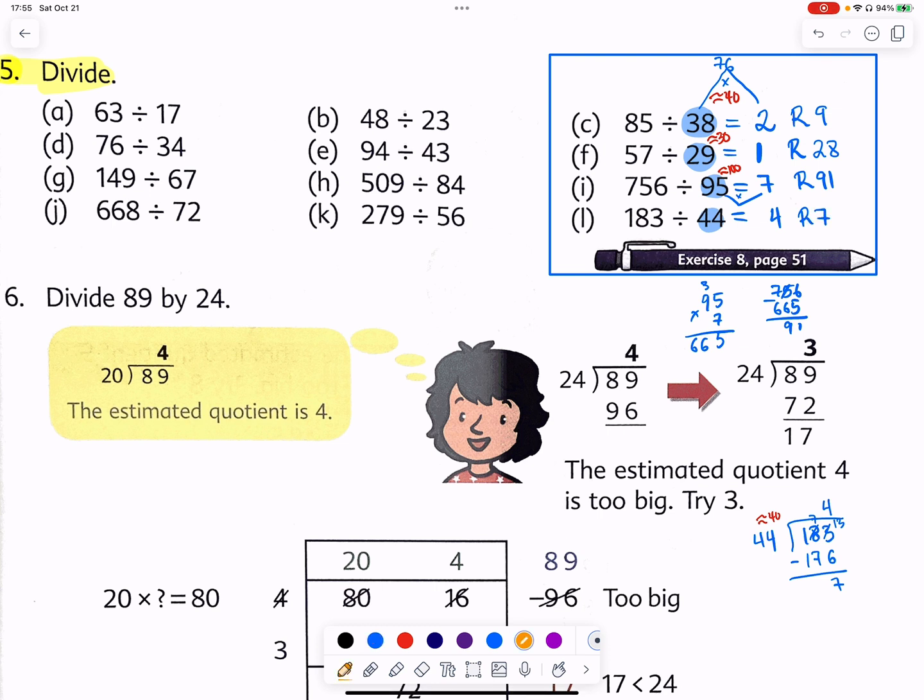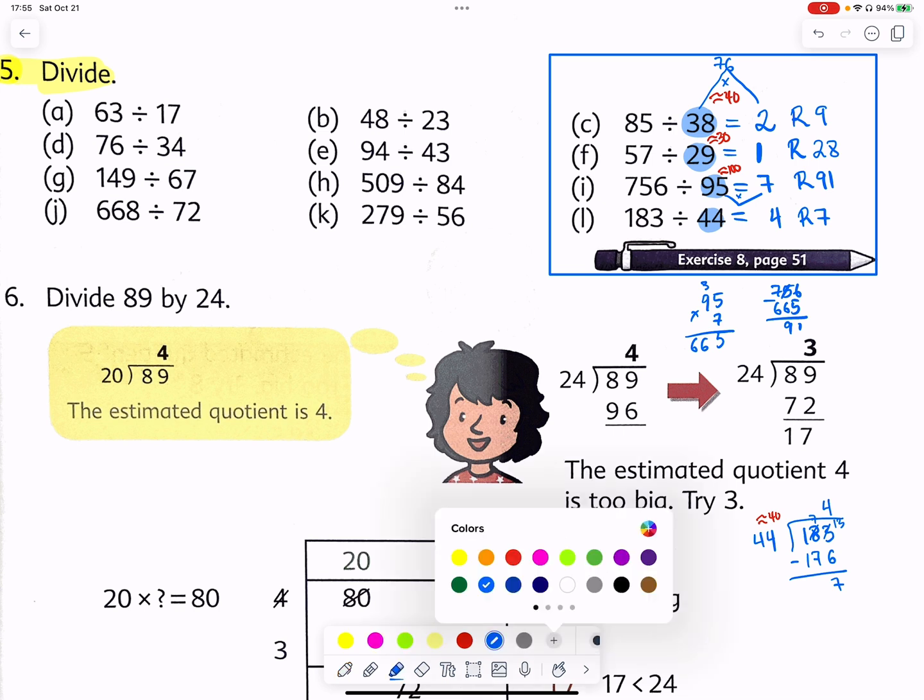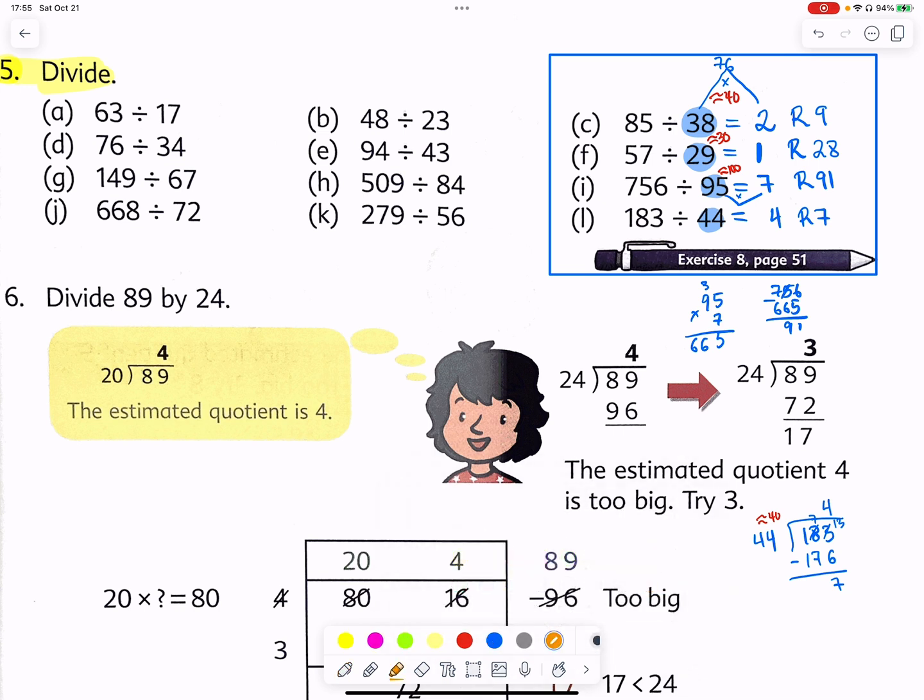I want to bring your attention to this notion of remainders. Let's take a look. We have a remainder of 9, remainder of 28, remainder of 91, remainder of 7. My friends, all of our remainders are smaller than our divisors.